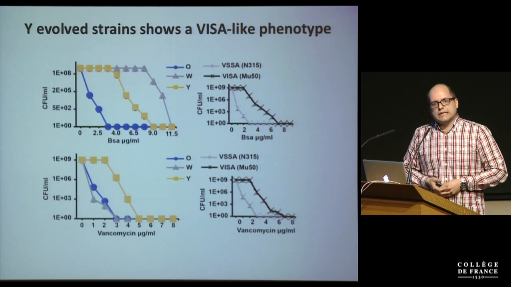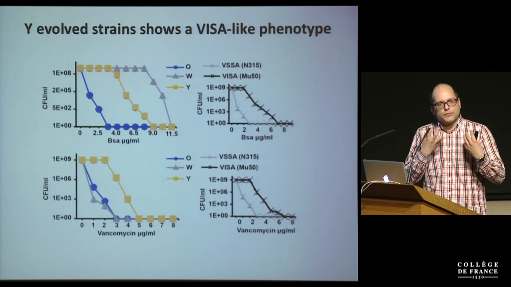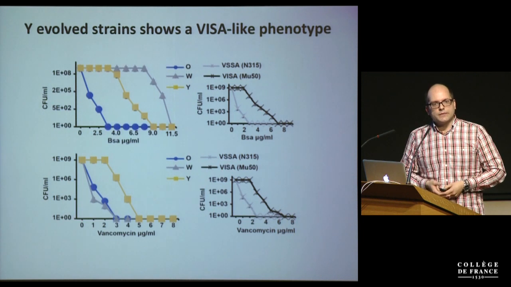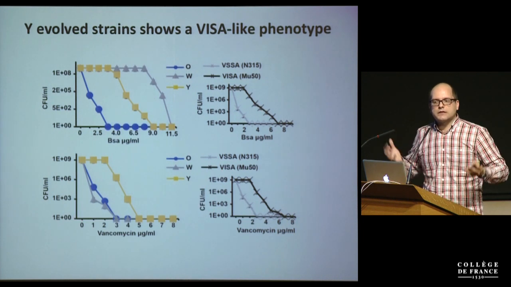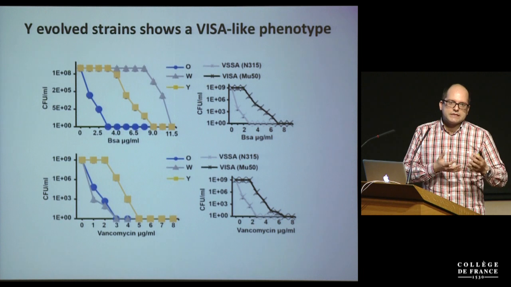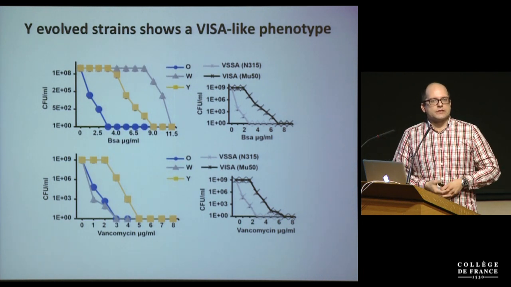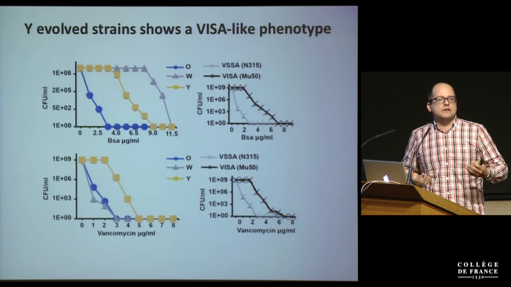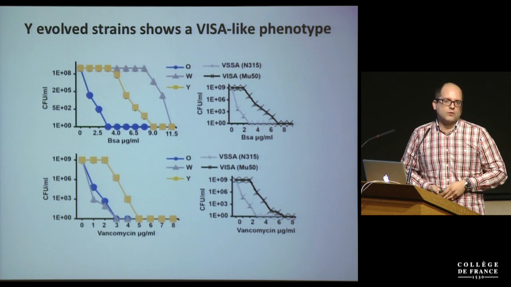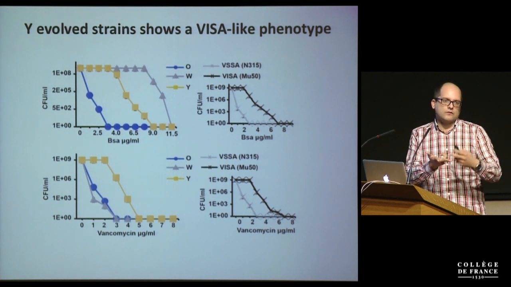Our hypothesis was that this is consistent with the idea that this yellow strain is probably a VISA phenotype. This has a thicker cell wall that allows it to resist, in a very unspecific way, the activity of multiple antibiotics that attack the cell wall, including BSA or vancomycin.